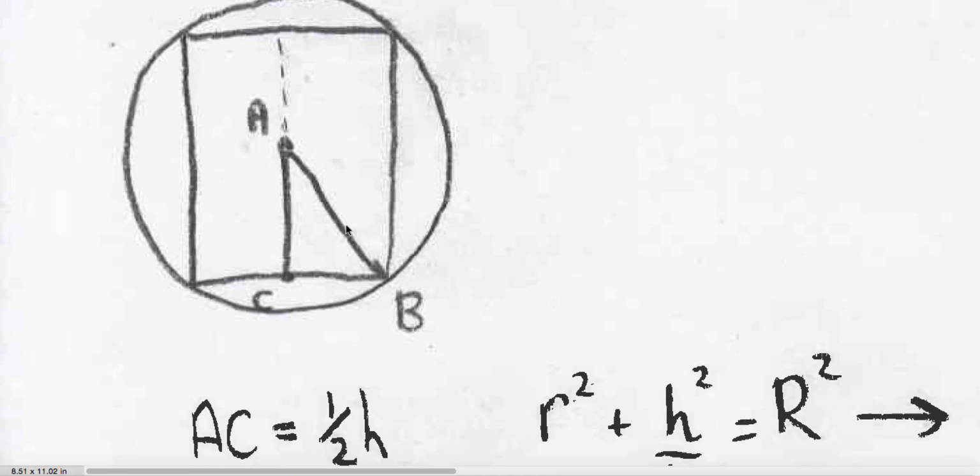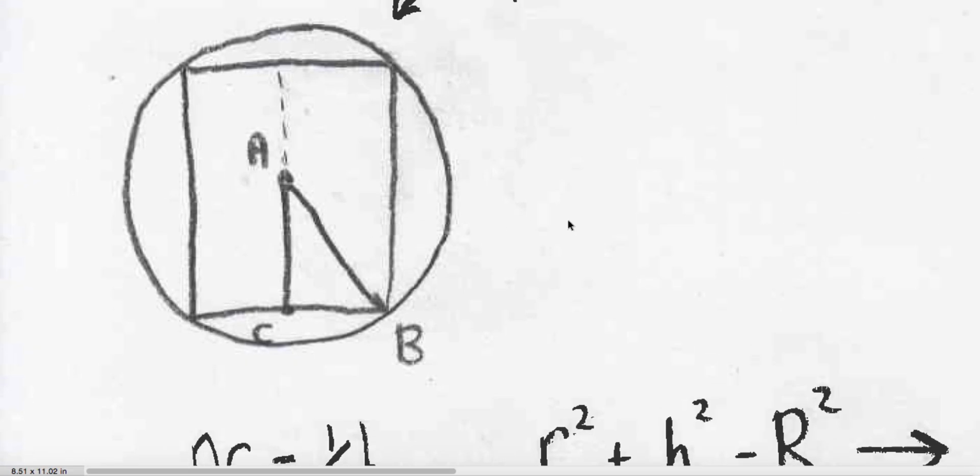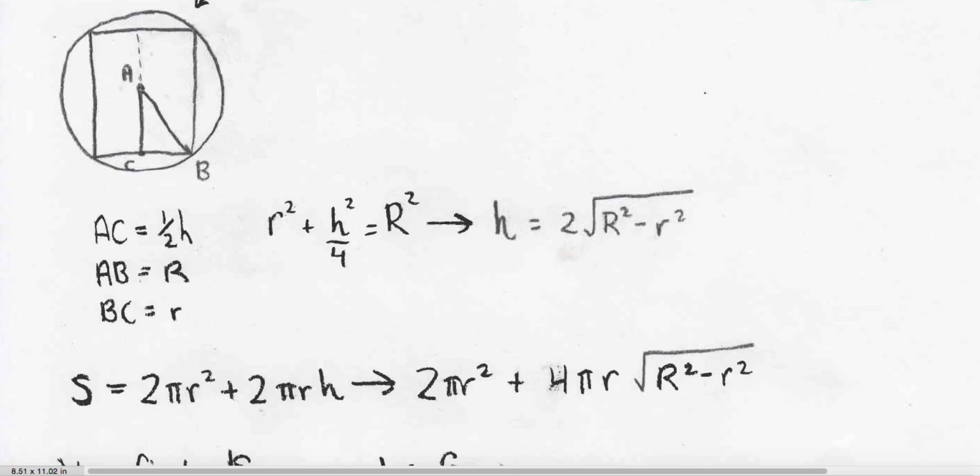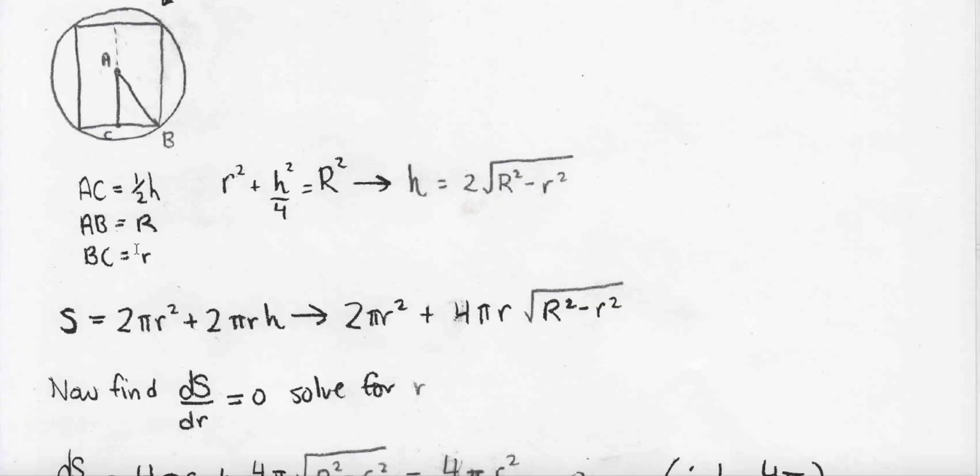Remember, the height of the cylinder is h, and the radius of the cylinder is r, so AC represents half the height, BC represents little r, and AB is also the radius of the sphere, so AB would be capital R. So using those values, I can use the Pythagorean Theorem and find a relationship between little r and h. So the height is equal to 2 times the square root of cap R squared minus little r squared.